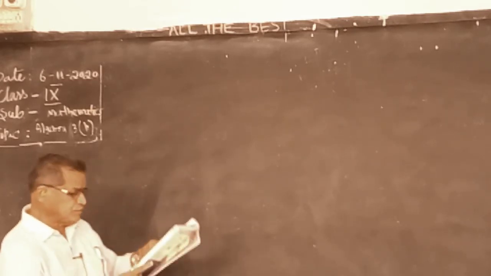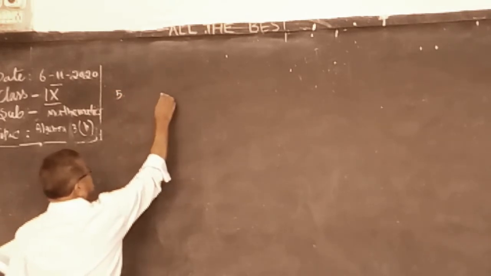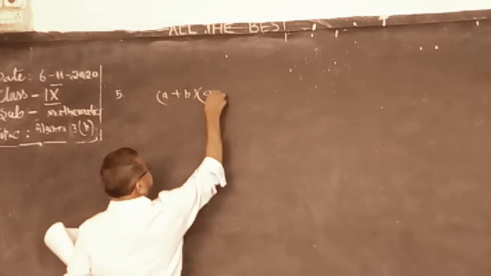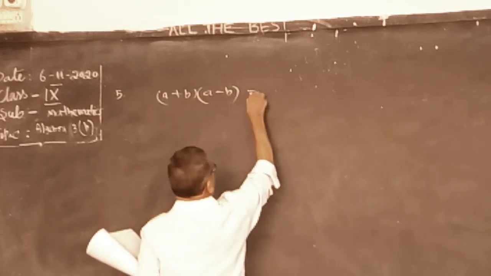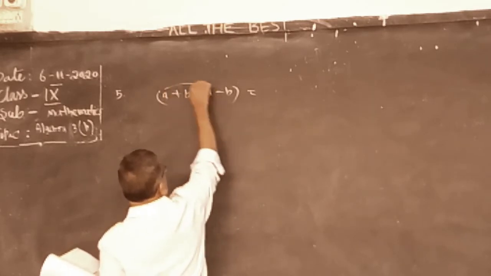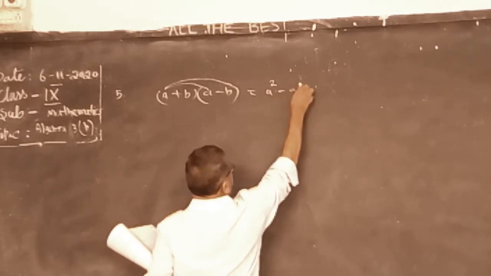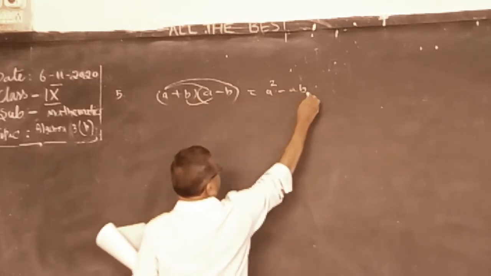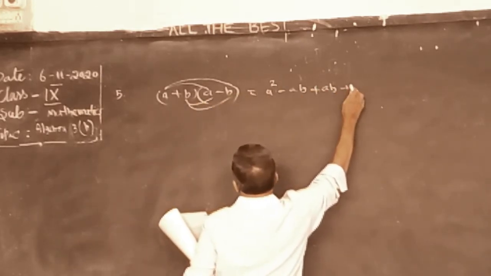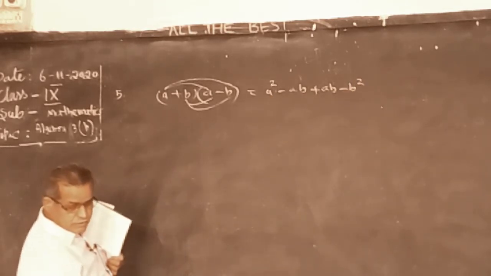Now, next problem, we are doing the fifth problem on a squared minus b squared, the application of this formula. Actually, when we multiply a plus b into a minus b, we get four terms: a into a, a squared; a into minus b, minus ab; b into a, ba or ab both are same; and b into b, minus b squared.